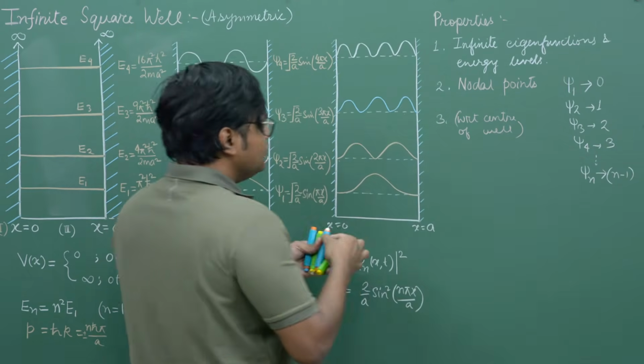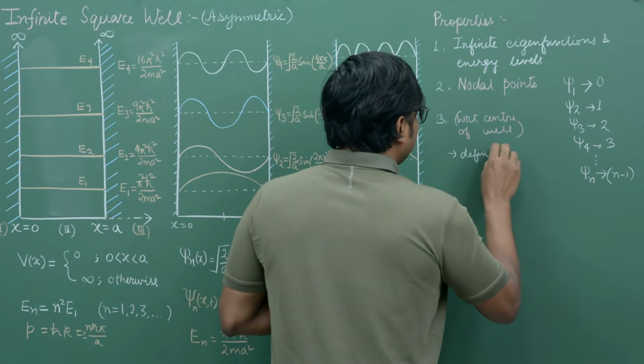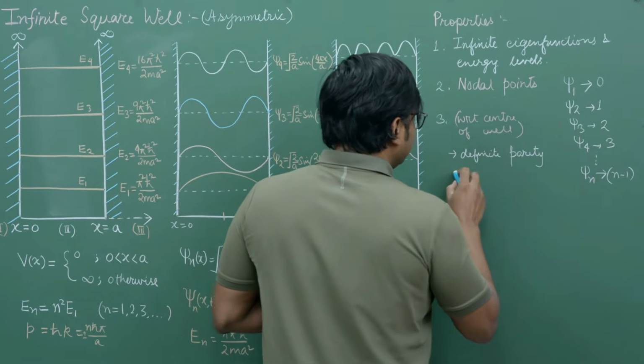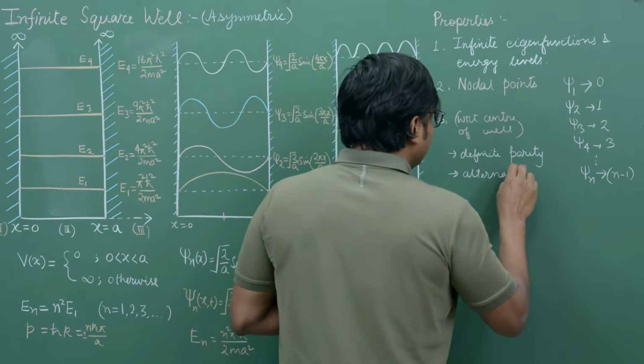The eigenfunction solutions have definite parity and alternate parity, essentially. They alternate.